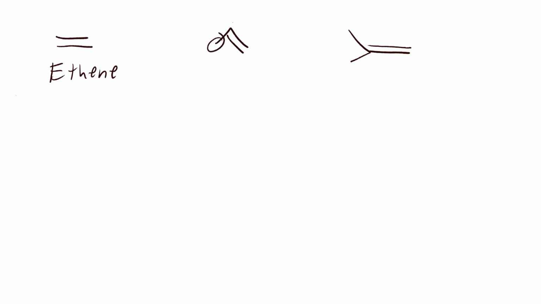Right here, we have 1, 2, 3, so you're expecting propane, but instead we have propene. On the other one, we have 1, 2, and 3, so you're expecting propane. And there's a methyl group on the 2nd carbon. So that is a 2-methyl propene.